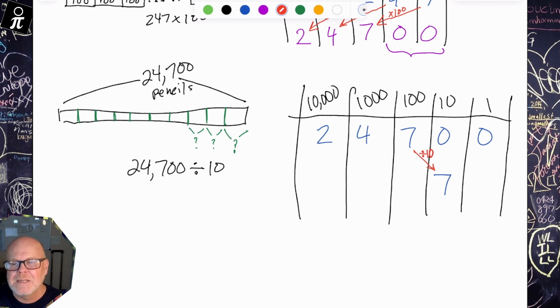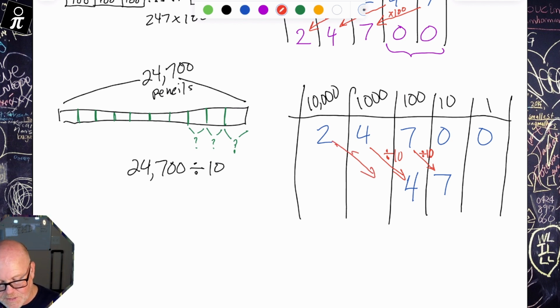I divided it by 10. 700 divided by 10 gives me 70, which automatically means if I take my 4,000 and divide by 10, I will get 4 hundreds. And lastly, 2 10,000s divided by 10 is going to give me 2 in the thousands place.